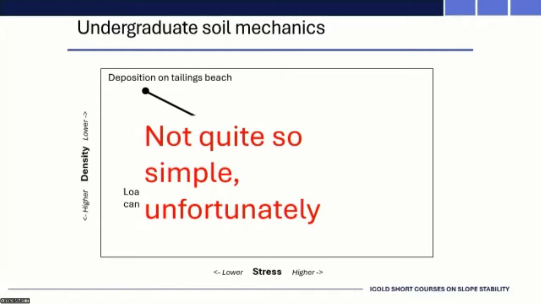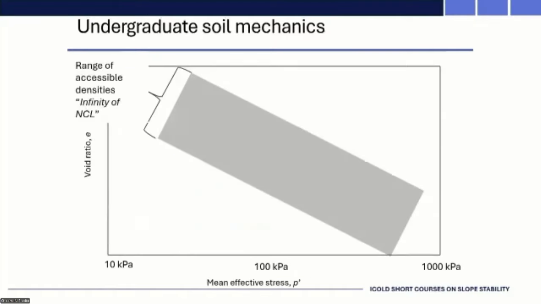Now, it might often be the case for clay-type soils, but as we've already alluded to, with many cohesionless tailings, silty, sandy tailings again, there's quite a range of consolidation lines that might be applicable. And sometimes they converge, but very often they don't all converge on a unique, one-dimensional consolidation line.